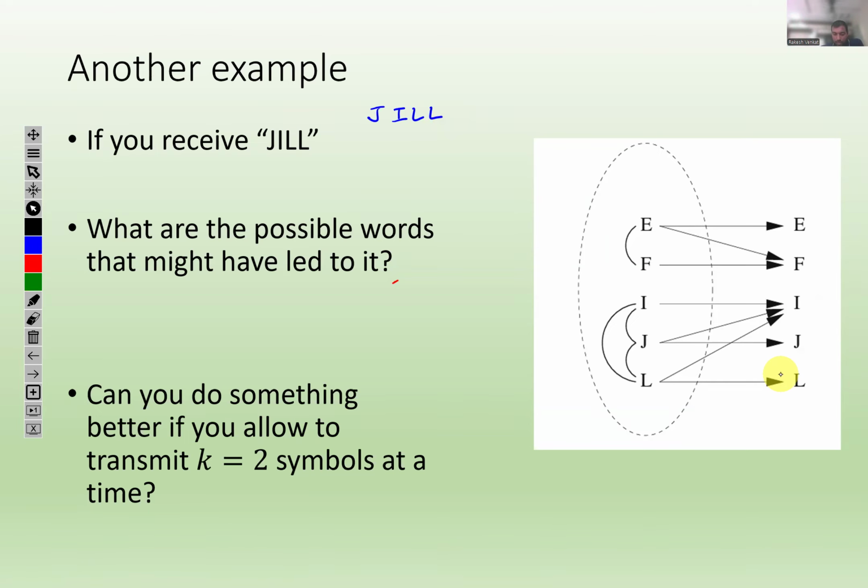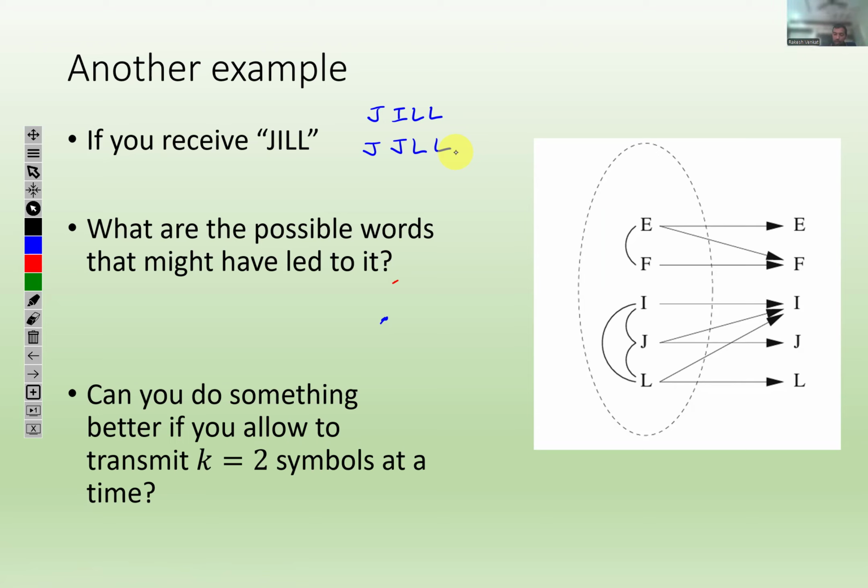One would be JILL, then JJLL. Instead of I, we can have J. So you could also have JJLL. So there are multiple things that could lead to it.